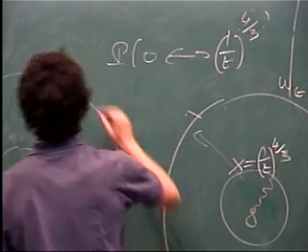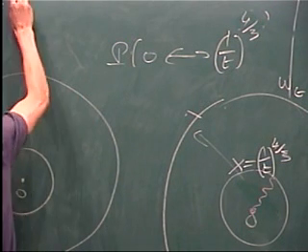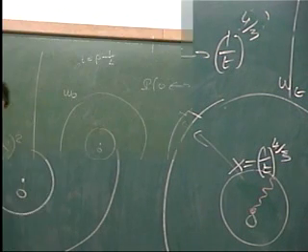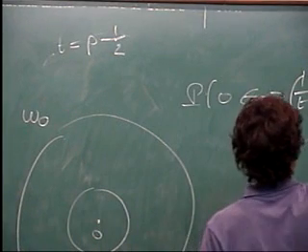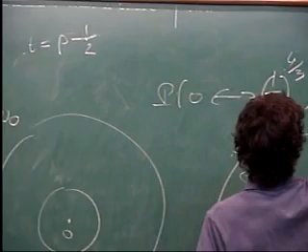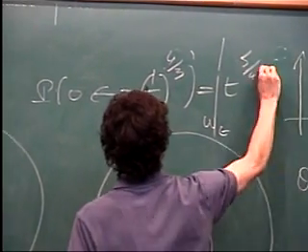And here t would be p minus 1/2. And this gives exactly t to the 5/48 times 4/3, which is 5/36.